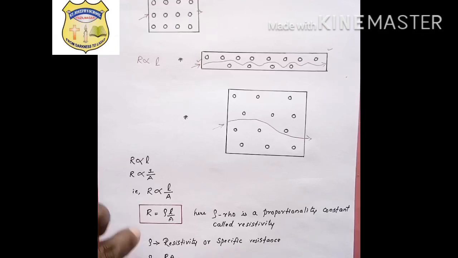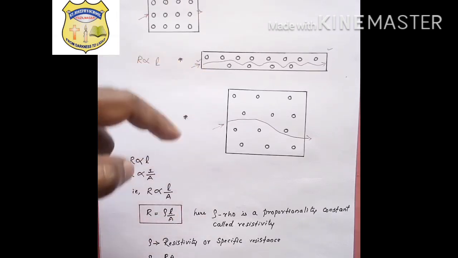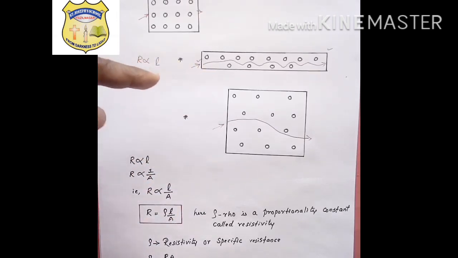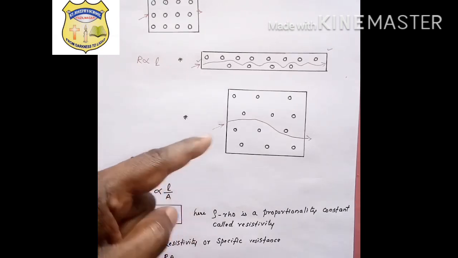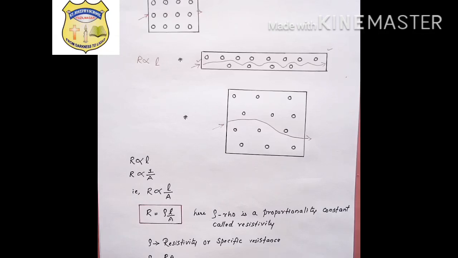A large amount of free spaces are there. So as compared to the first condition, in the second condition it is very easy to flow the charges from one place to another. Therefore here the large current is flowing. In this way we can say that the resistance is very low.